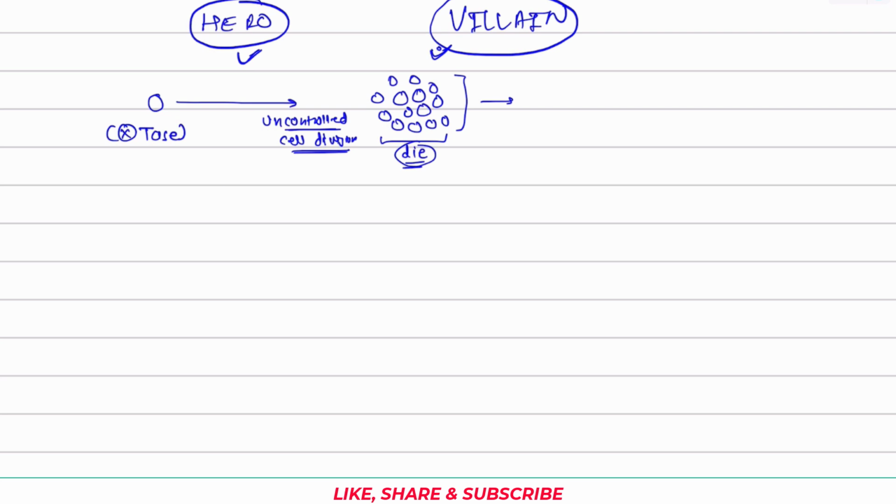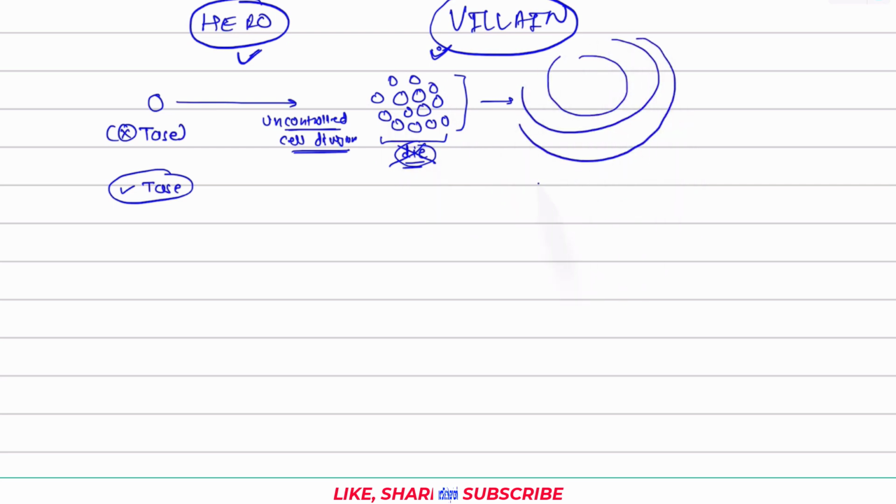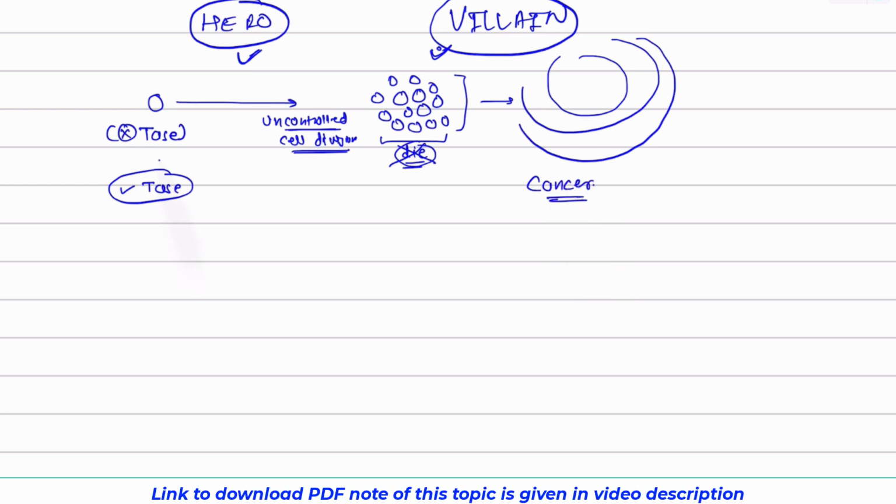But what will happen if telomerase is somehow active? Then the death of the cell will not occur and this cell will become immortal. So the tumor will become larger and larger and ultimately it leads to cancer. Remember, by telomerase being absent in the somatic cell, we are saved from cancer. So it is actually a defense mechanism against cancer.